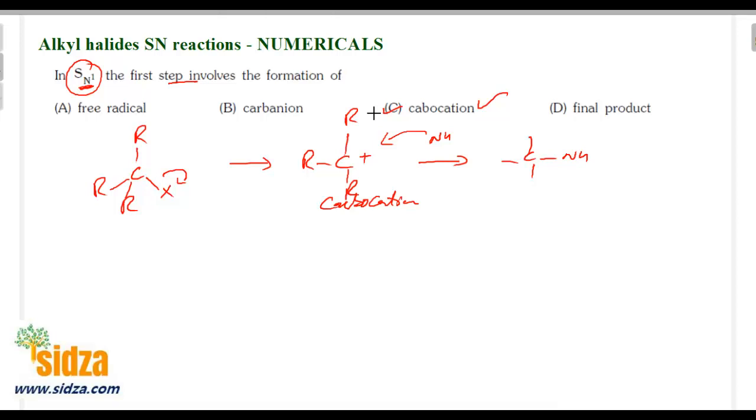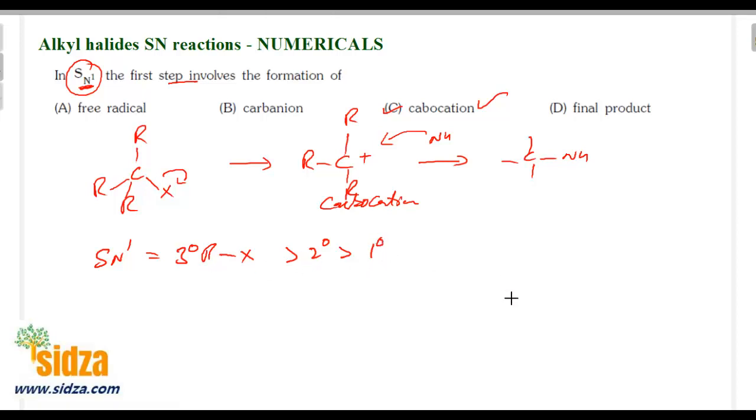So tertiary, 3 degree alkyl halide prefers the SN1 mechanism, then the secondary will be less, and then the least will be the 1 degree alkyl halide.